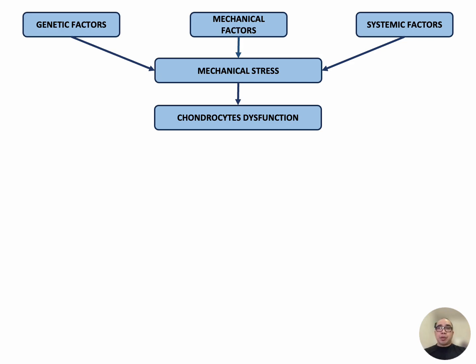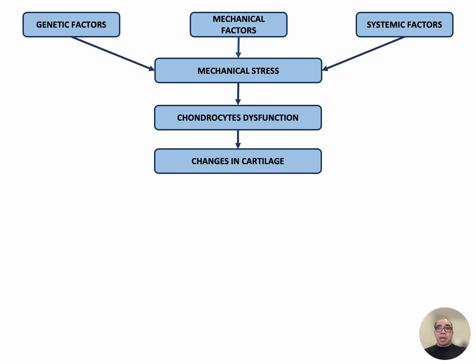With the disruption of chondrocytes, changes in the cartilage occur. The extracellular matrix of the cartilage is composed of collagen and proteoglycans, providing tensile strength and resistance to compression. In osteoarthritis, there is a loss of proteoglycans and collagen disruption, causing cartilage to become less resilient and more susceptible to damage.